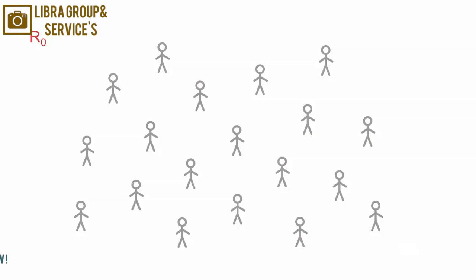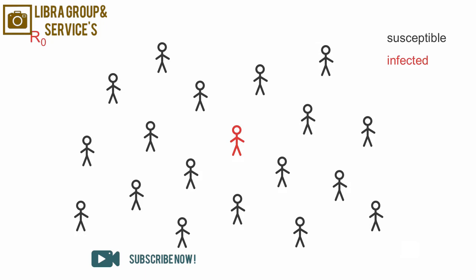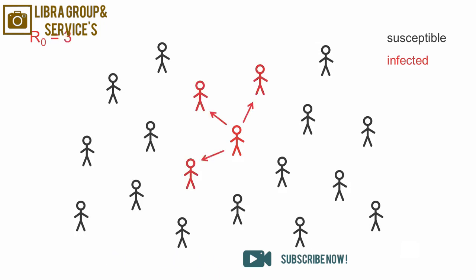In a previous video, we talked about R0, the basic reproductive ratio. Let's look at this example where we have one diseased or infected individual and 18 susceptible individuals. As you might remember, R0 is the average number of individuals an infected person gives the disease to. R0 is fairly constant for a given disease.